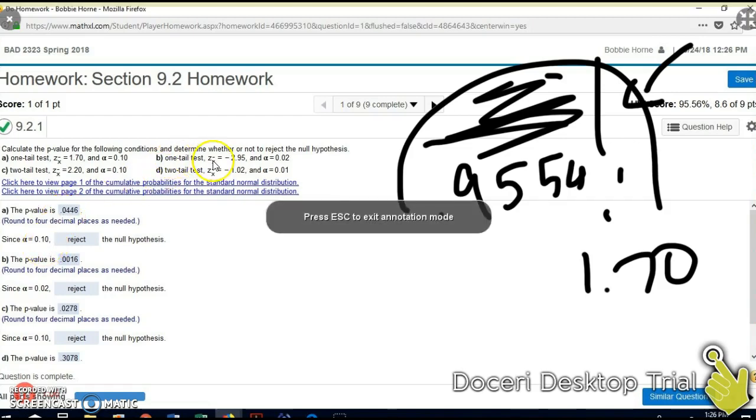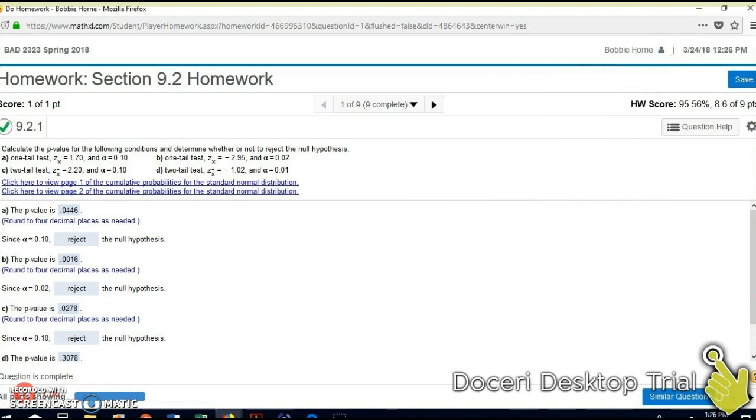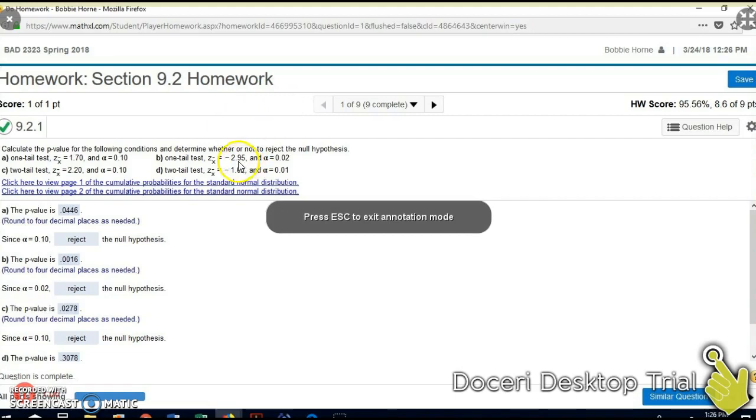For B, the one-tail test, negative 2.95, first of all, this is going to be a left tail test. So we're looking for the area left of this, and that's exactly what we get on the chart.